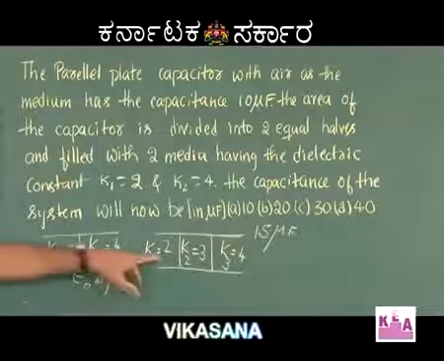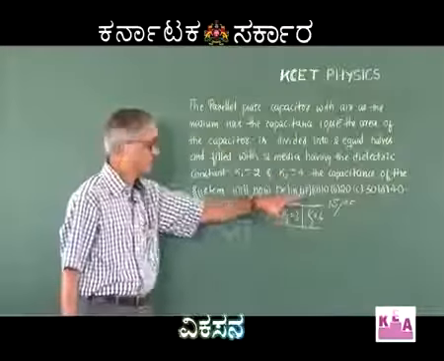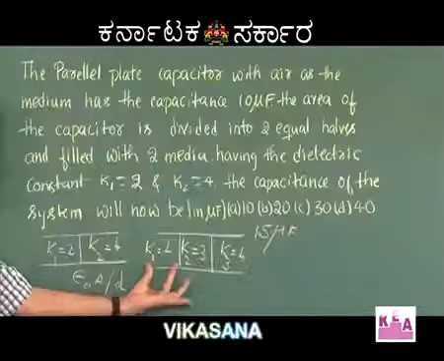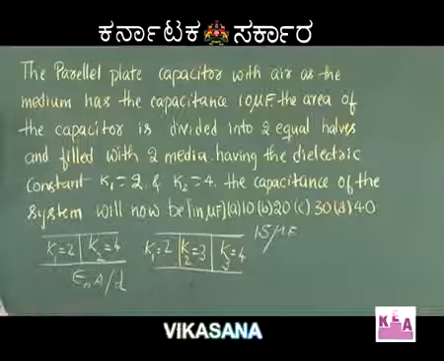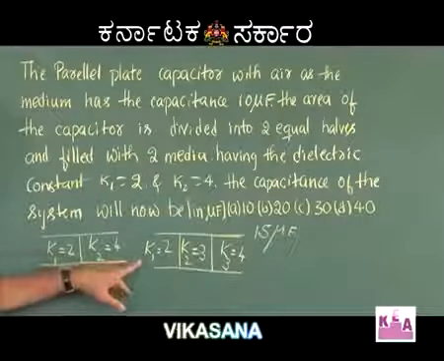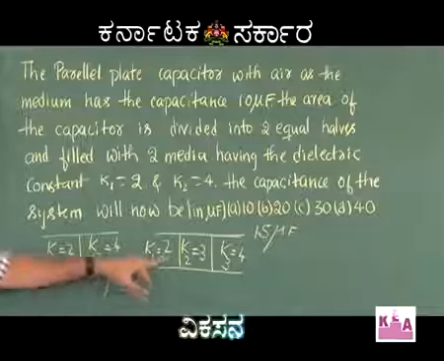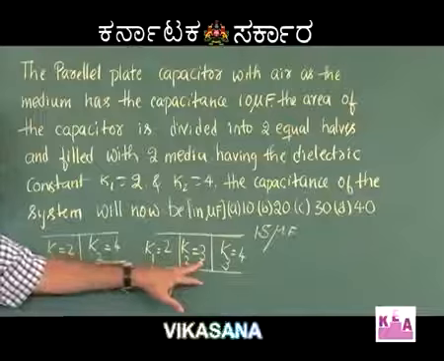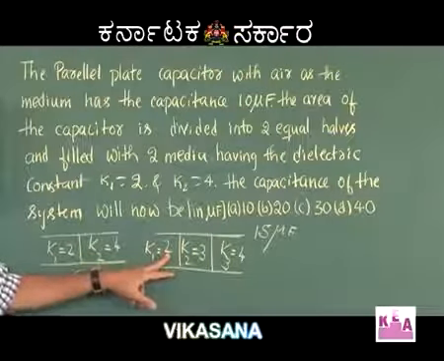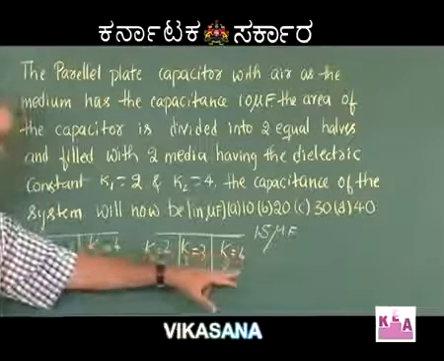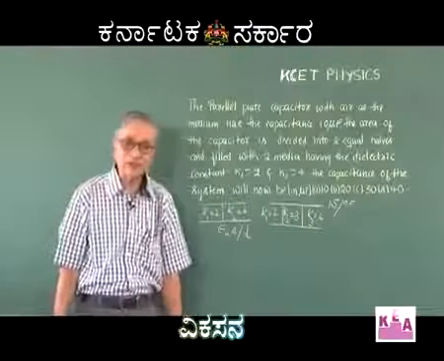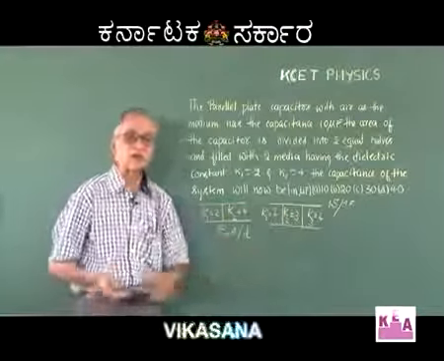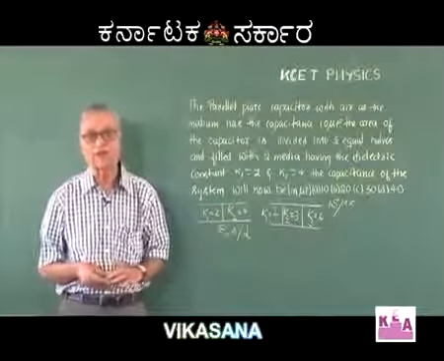Since area becomes 1/3, capacity also becomes 1/3. Therefore, if air was the medium, the capacity would have been 5 microfarad. When you fill it with K1 equal to 2, 5 into 2 equal to 10. The second one, 5 into 3 equal to 15, 15 plus 10 is 25, 5 into 4 equal to 20, 25 plus 20 equal to 45. Therefore, capacity of this condenser would now become 45 microfarad.